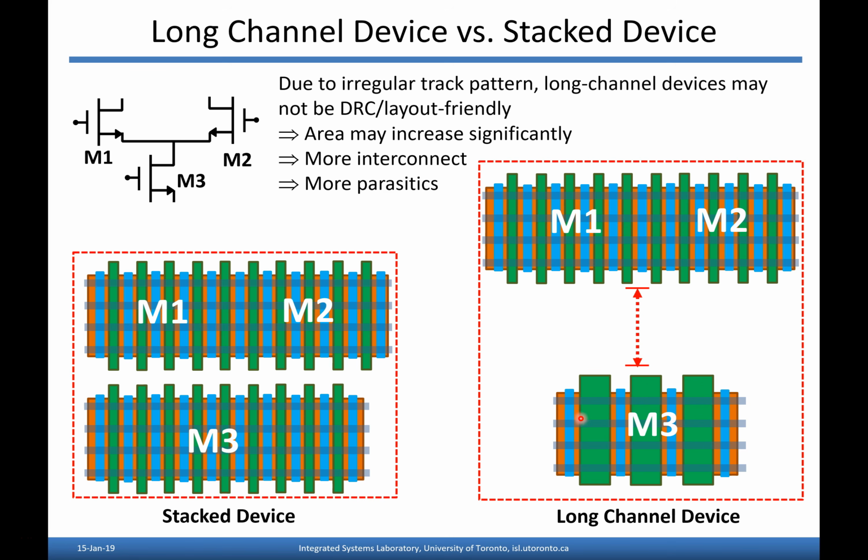So instead, usually what people do is they just stick with the minimum gate length transistors and connect more of them in series, because then at least the layout gets nice and compact. And it gets really simple, right? You can imagine what the layout starts looking like. Everything's on a fixed pitch. In fact, all you do is you cut these polylines when you want to start a new transistor.